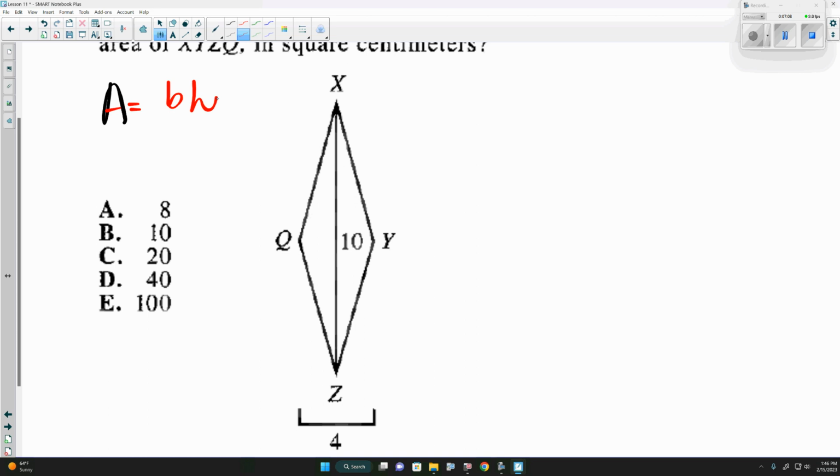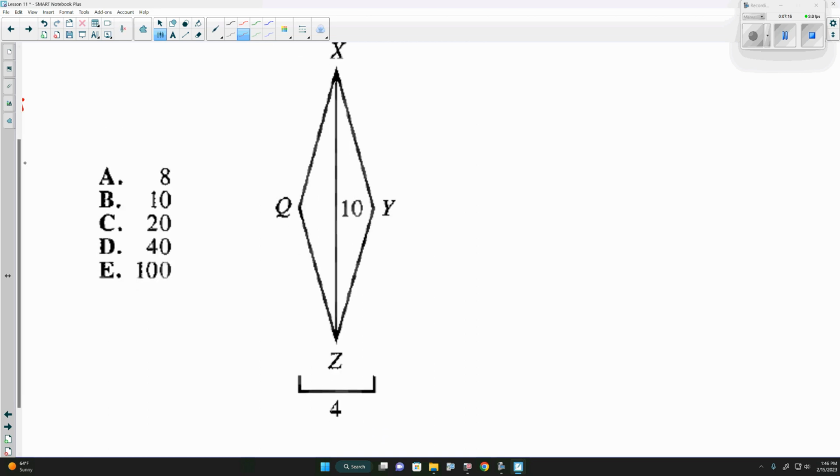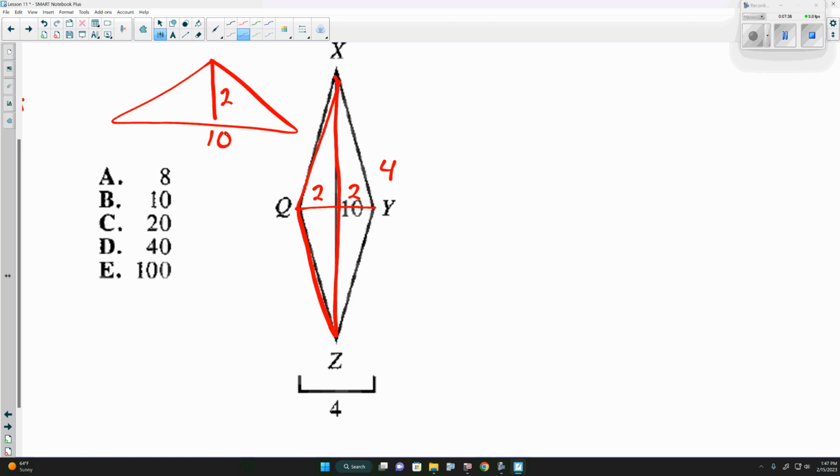Let's back up just a second. It's actually not that. Let's look at it differently, because I was wrong. It's not base times height. What do we have here, though? What shape is that? Triangle. The whole distance is 4, but these are both 2. So what we actually have is a triangle with a height of 2 and a base of 10.